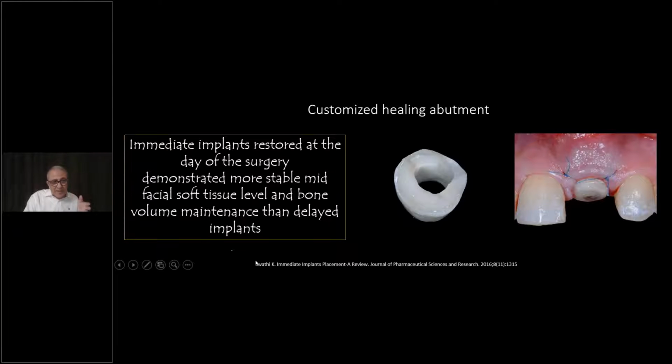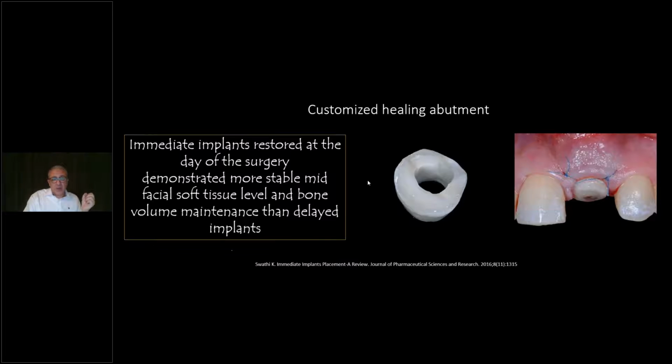And it's also in the literature that immediate implants restored on the day of surgery demonstrated more stable mid-facial soft tissue levels and bone volume maintenance than delayed ones. So once you can do it, you should do it, and you should also preserve the socket architecture along the stages of healing around the implant.